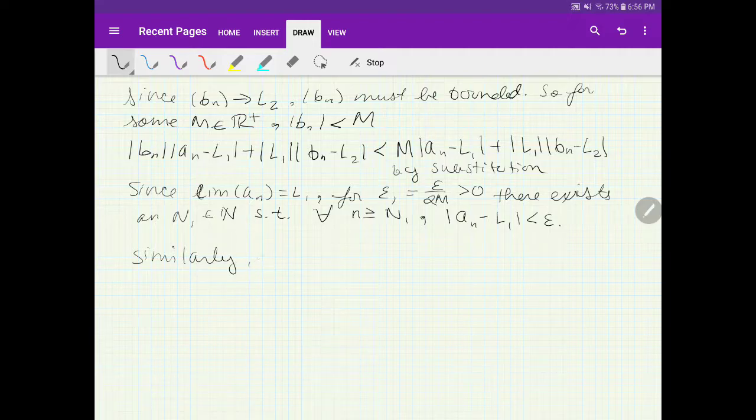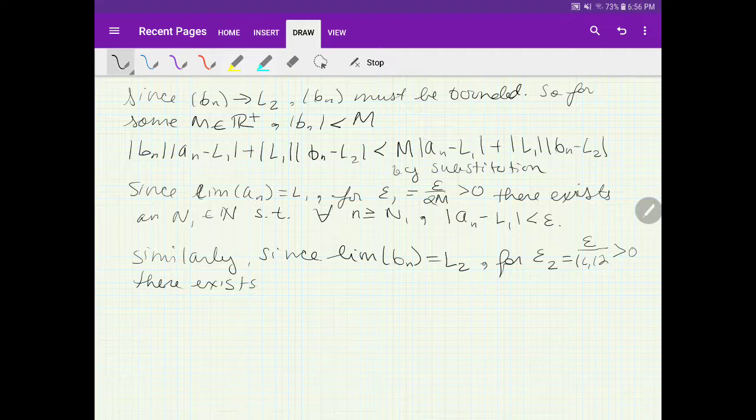Similarly, since the limit of b sub n equals L2, for epsilon 2 equal to epsilon over the absolute value of L1 times 2, which is greater than 0, there exists an n2, which is an element of the natural numbers, such that for all little n greater than or equal to n2, the absolute value of b sub n minus L2 is less than epsilon 2.